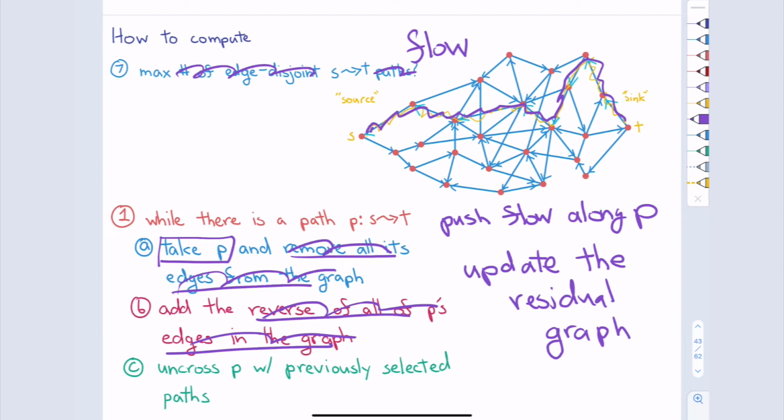Now, one degree of freedom that we didn't have when talking about edge disjoint paths is that I can decide how much flow to route and how big of an update to make. Before it was natural just to take a path and do an update, but now we're manipulating quantities. How am I to determine how much flow to send along a path I found?